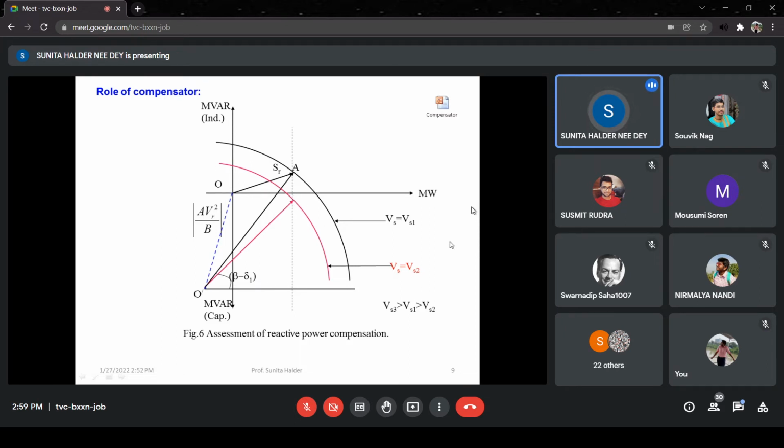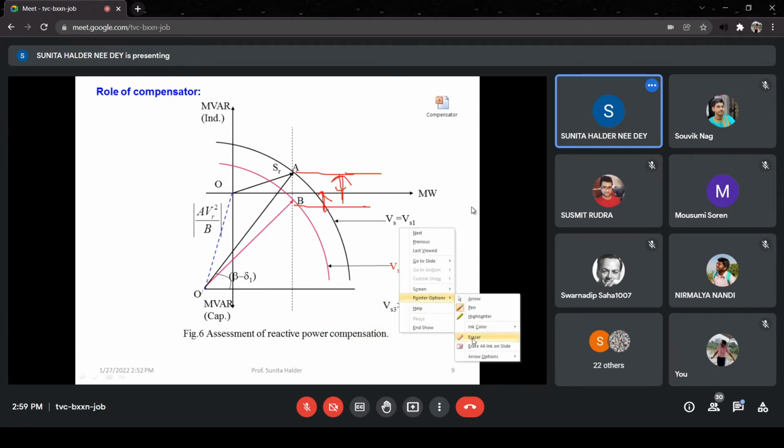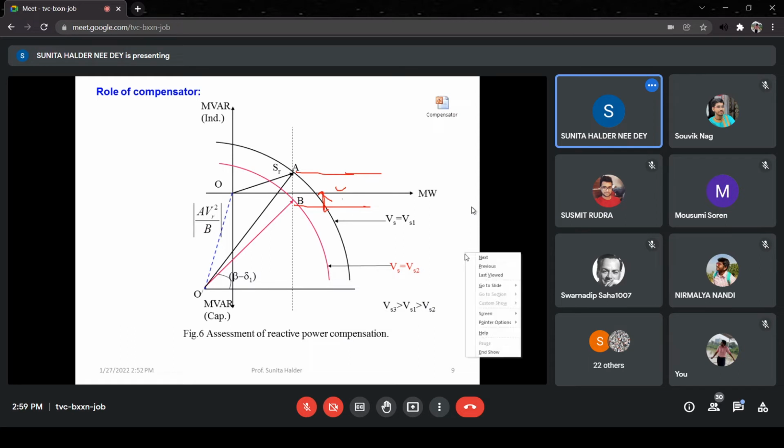If you do not understand, you must tell me. So B should be the operating point, but point B is not possible because here the inductive bar is this much and here is this much, right? So actually, we have to shift the operating point from A to B by shifting the reactive power from here to here.